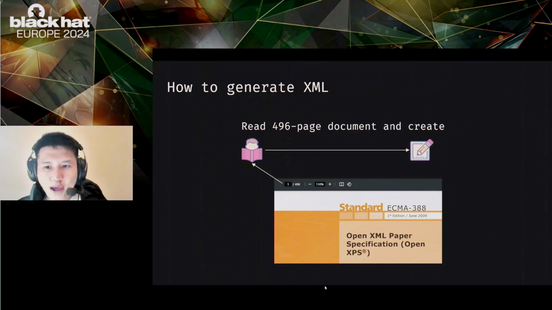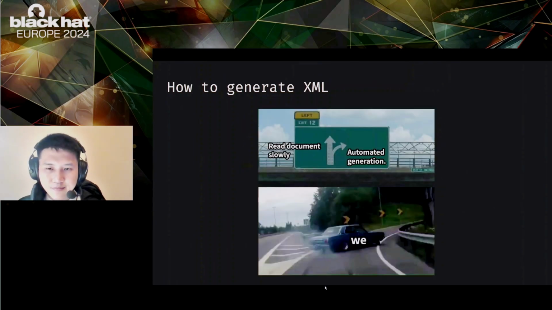So we had to generate the XML file ourselves. We need to read a 496-page XPS document and then create the corresponding XML. But we don't want to do that. Instead, we aim to automate the generation process.